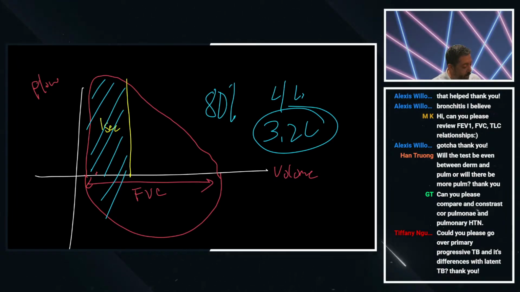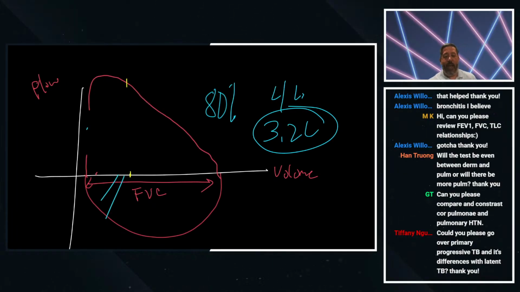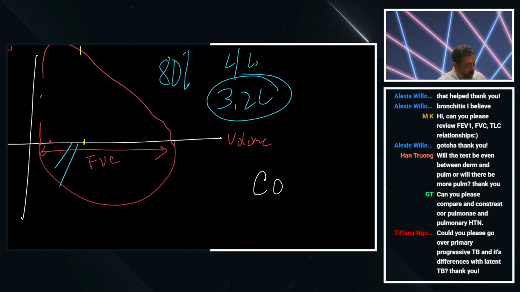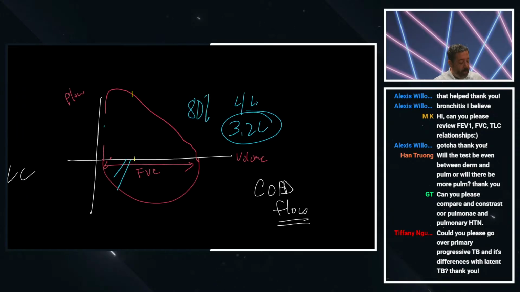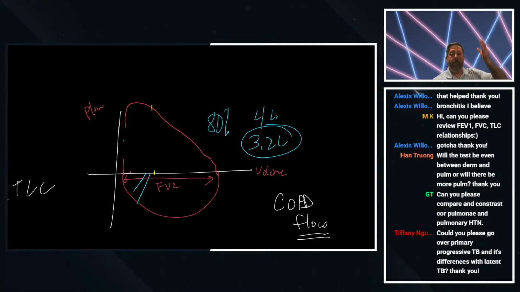Now, in a patient who has lung diseases, let me just erase some of this stuff here. If they have COPD, remember that COPD is a problem with flow. So because we know it's a flow problem, we know the problem is going to be along the y-axis.